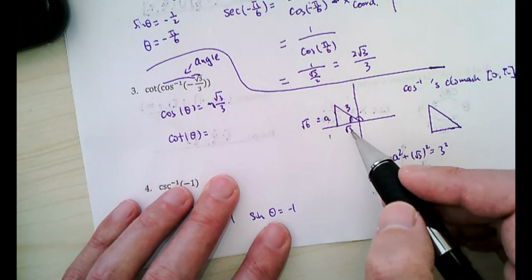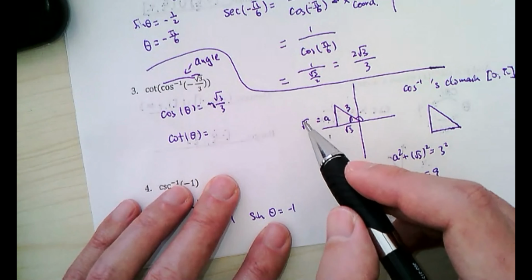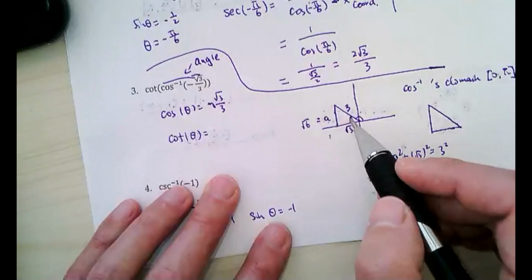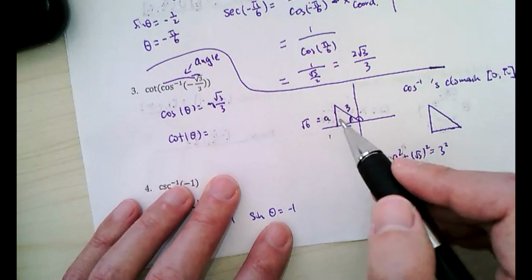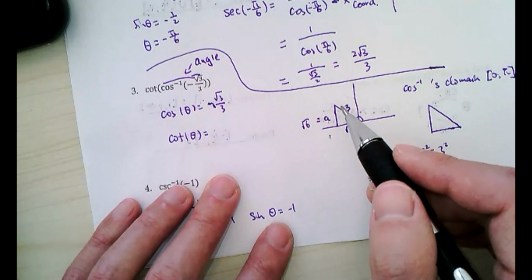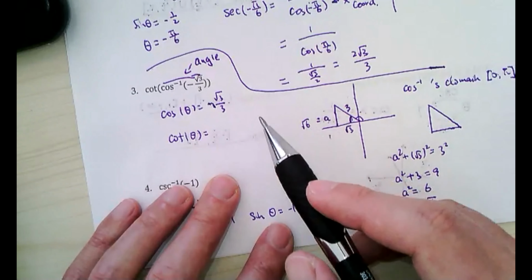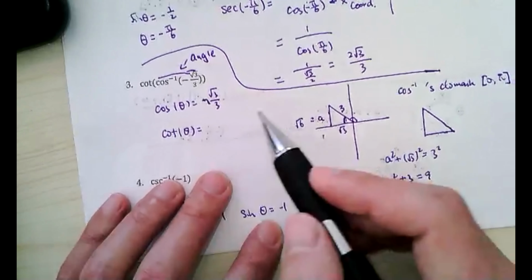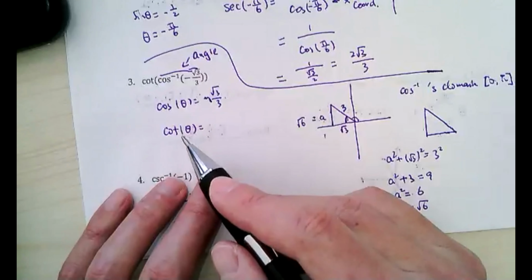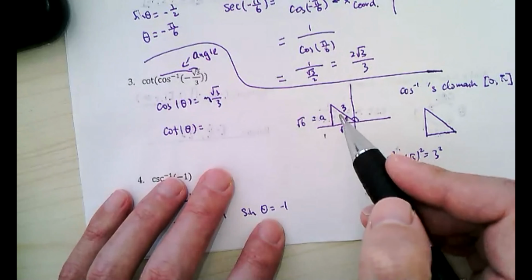Right? Although we don't know what the angle is, we drew the triangle already, so we can infer what cotangent theta is from this triangle.